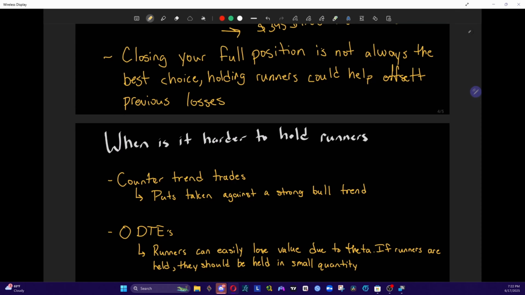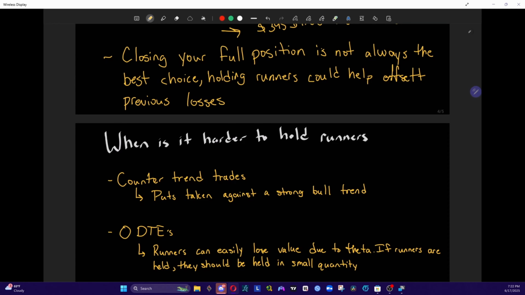Yes, of course, in this market where Trump can say anything any single second, you do have volatility, but it's like after 4 hours of theta decay. So if you're seeing something continuing your way, then you could hold runners on zero DTEs. And sometimes it is so profitable to hold runners on zero DTEs.